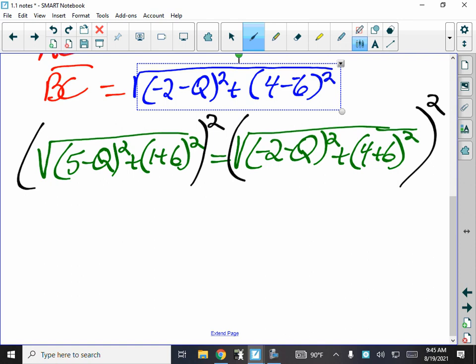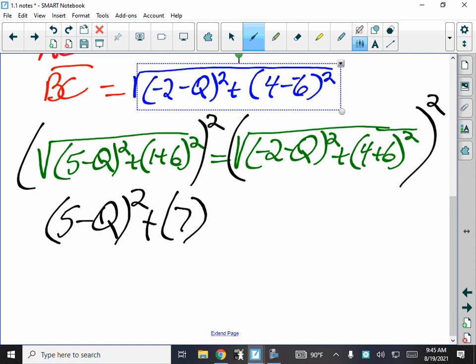Well, what does a square and a square root do to each other? They poof. See you later, square and square root. They're like matter and antimatter. Whew, gone. So the green side is just 5 minus q squared and 7 squared.